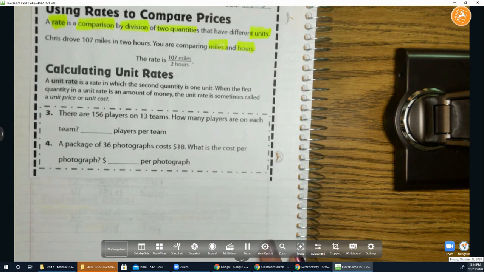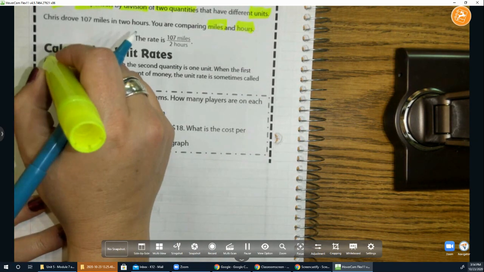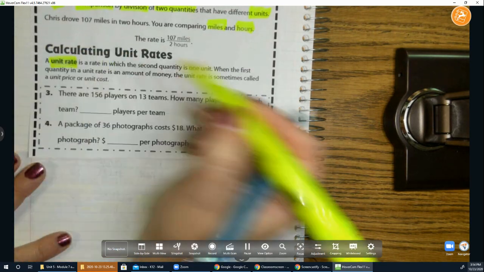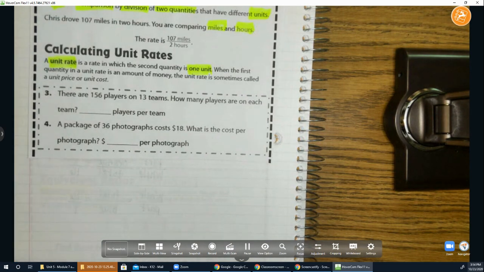Now, calculating unit rate. A unit rate is a rate in which the second quantity is 1. When the first quantity of the unit rate is about money, the unit rate is sometimes called a unit price or a unit cost. Okay, so unit rate is down to 1. We're at 1 unit. The second quantity is 1.